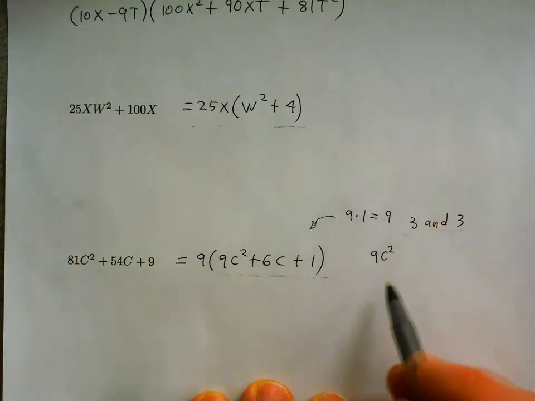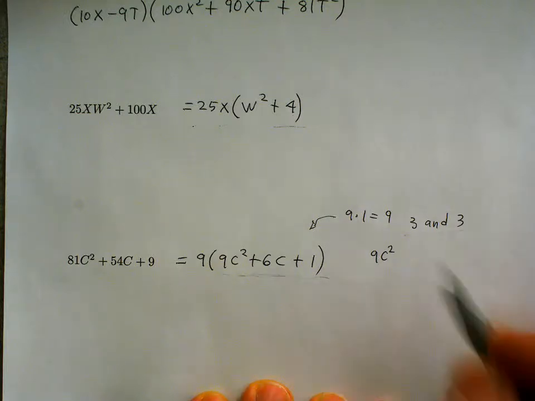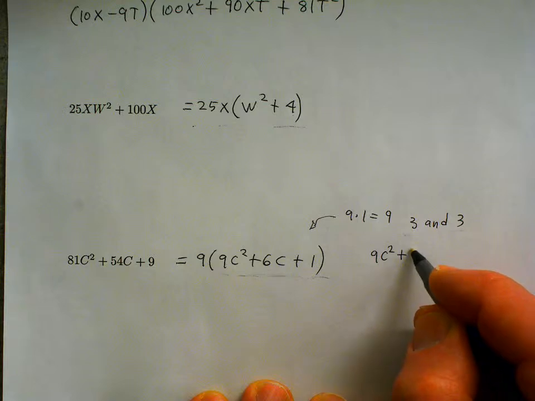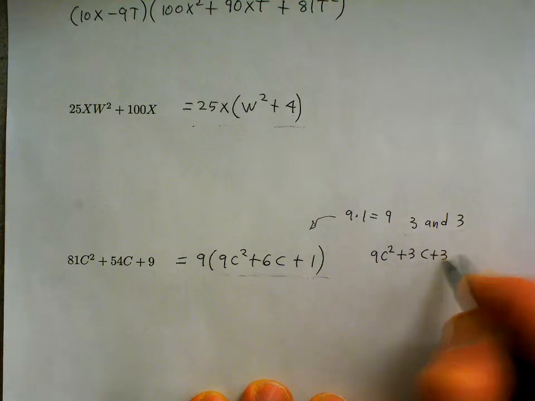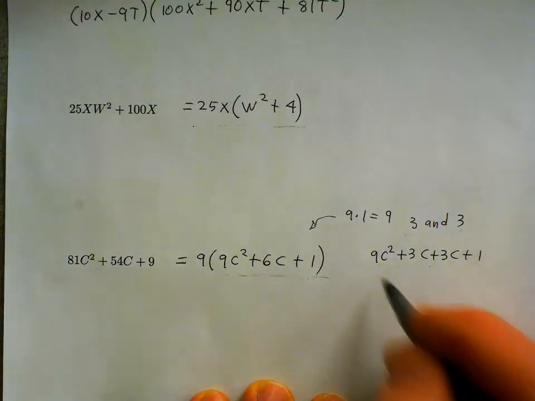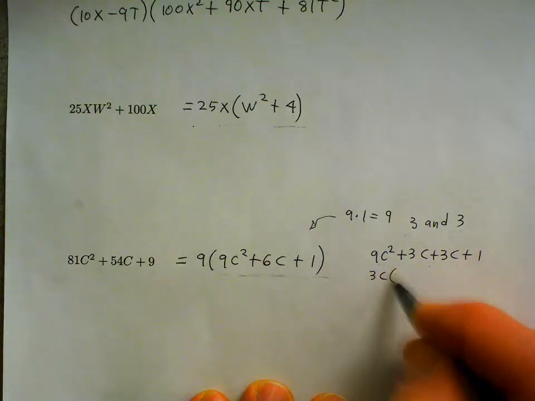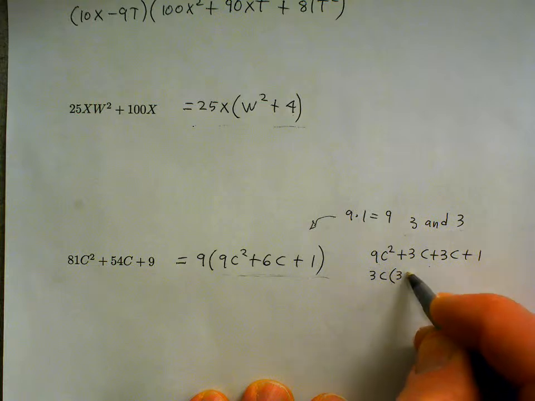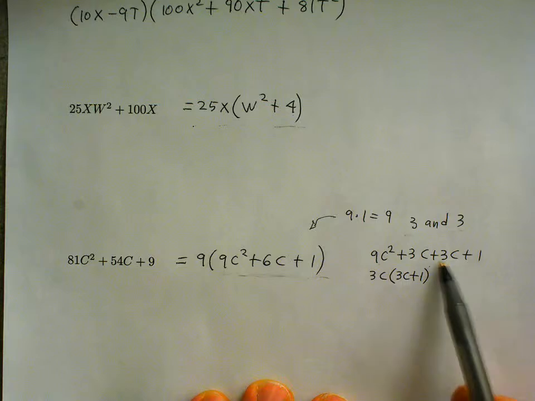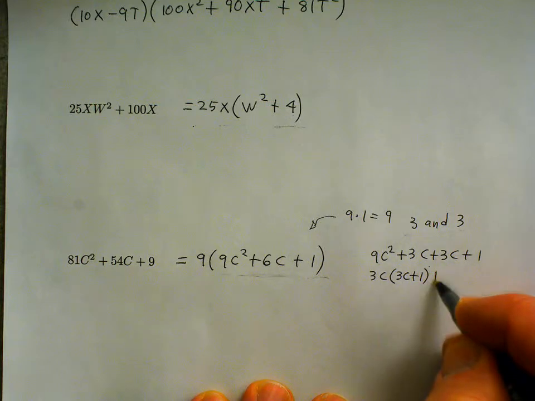Okay, but anyway, if we go through the process, transform the trinomial into a quadrinomial, 9c squared plus 3c plus 3c plus 1. Out of the first two terms, factor out 3c. And the binomial 3c plus 1 stays behind. Bring down the middle operator of addition.